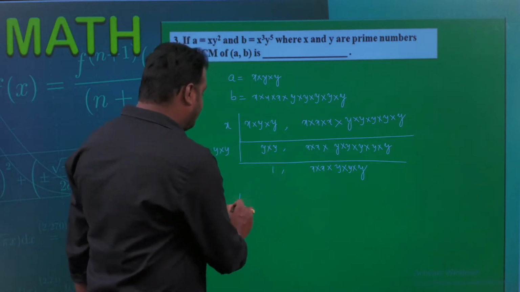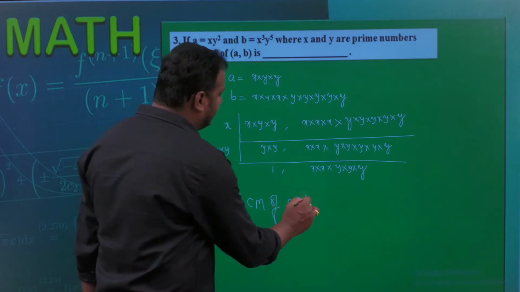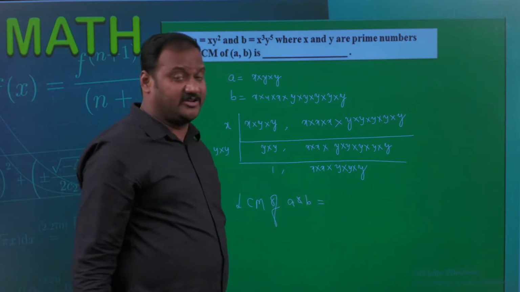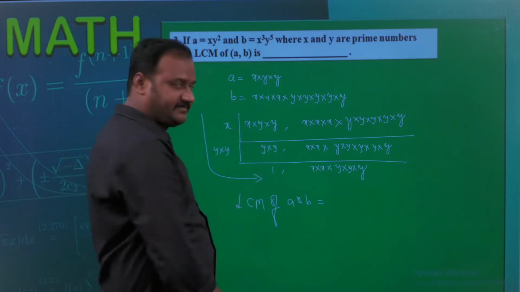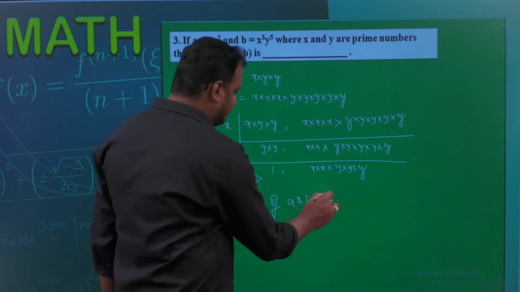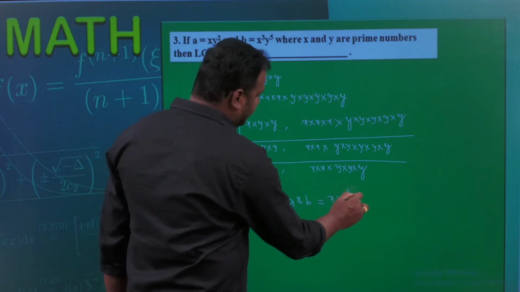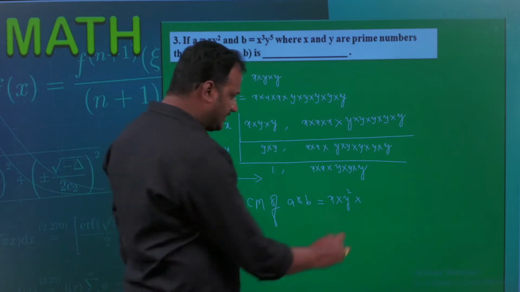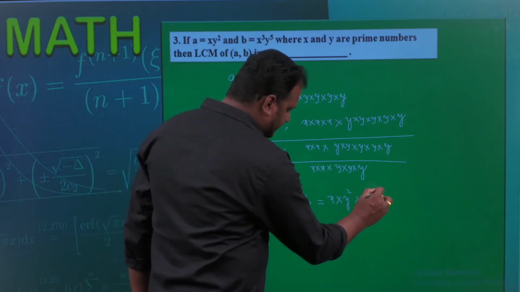Therefore, what is LCM of A and B? How do you find LCM? You start multiplying right from the top. Here it is x into, here y into y. Can I write it as y square? Into, here it is 1, I will write that 1 also. Into x is equal to x square.